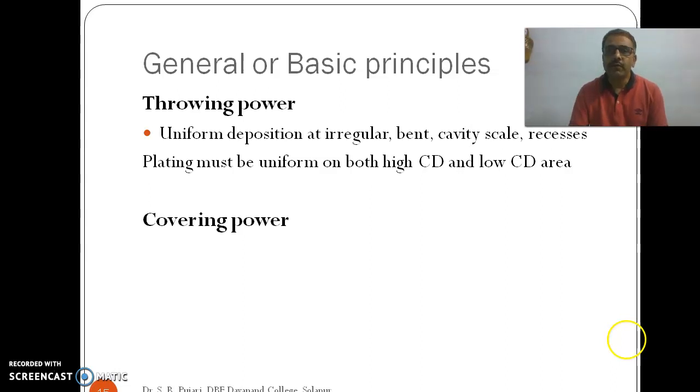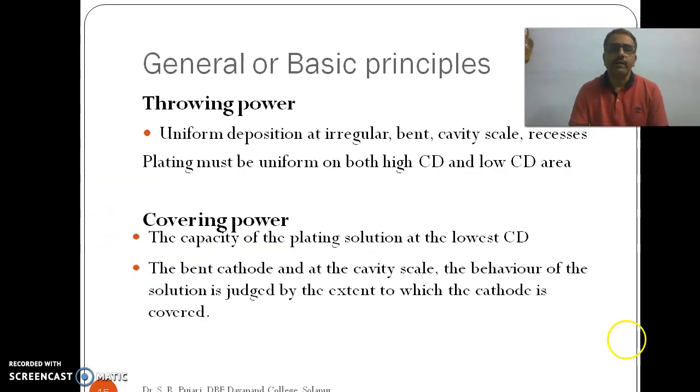So if your solution is very nicely formulated, then you will get a uniform thickness on both the recess part as well as the external part. So plating must be uniform on both high and low current density areas, and for that your throwing power of the solution must be very nice. So it takes care of the irregular shaped cathodes.